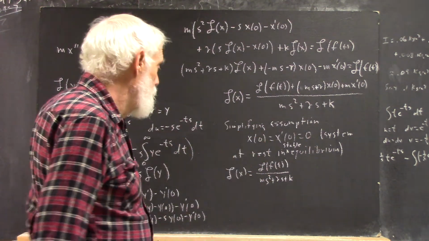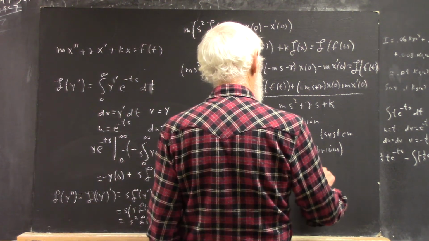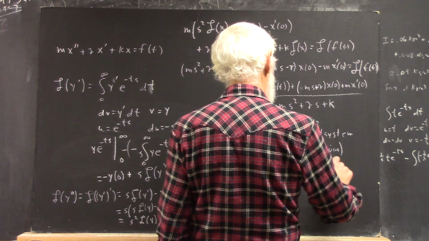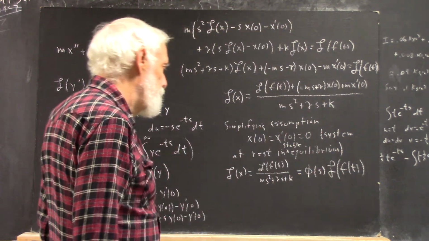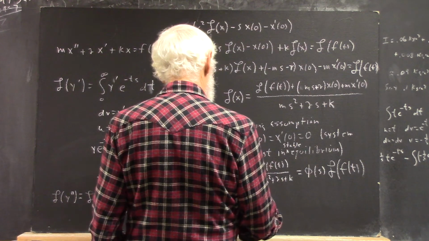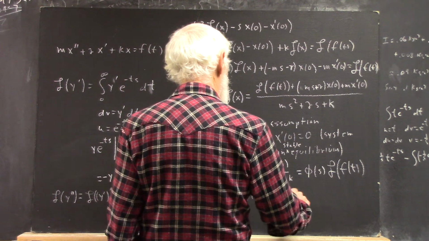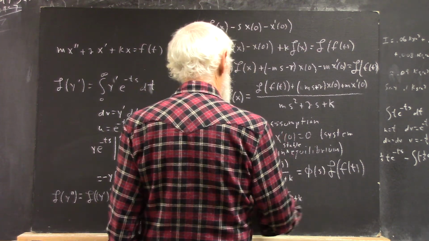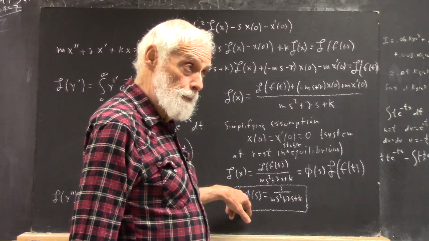So you're going to call this thing phi of s times the Laplace transform of f of t, where phi of s is just 1 over ms squared plus gamma s plus k. And this thing's your system transfer function.